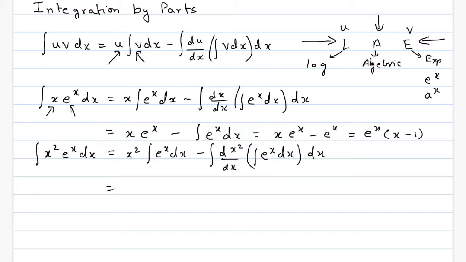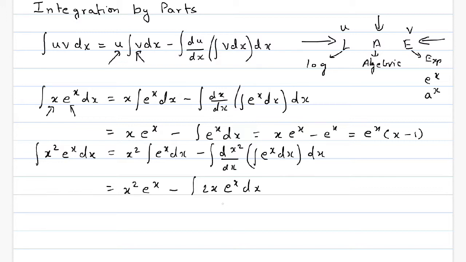So we get x square e raised to x, minus, since the differentiation of x square is 2x, the integration of 2x e raised to x dx.